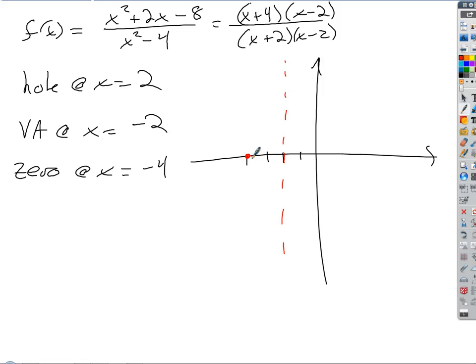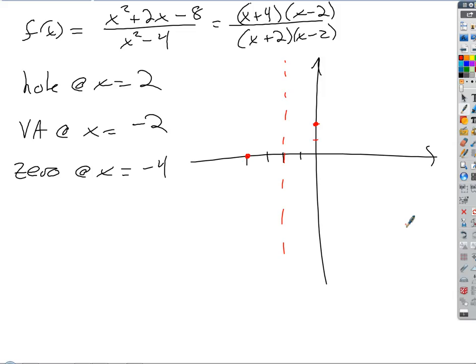If I set x equal to 0, what do I get? Using the cover-up method, everything with an x goes to 0, leaving us with -8 over -4, so it's just going to be +2. So we get a point there, and we've got some points to anchor this.